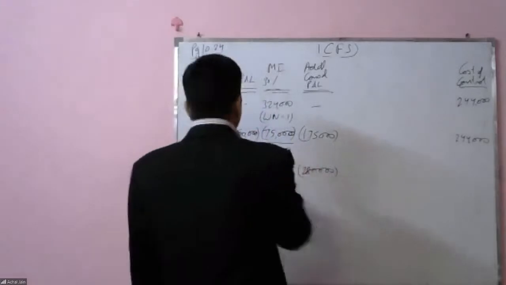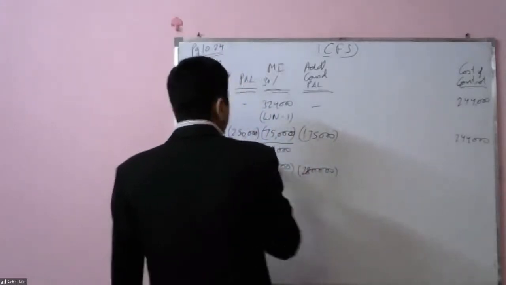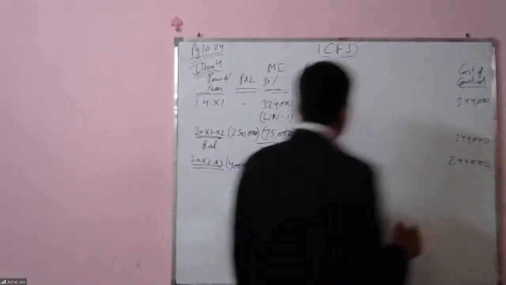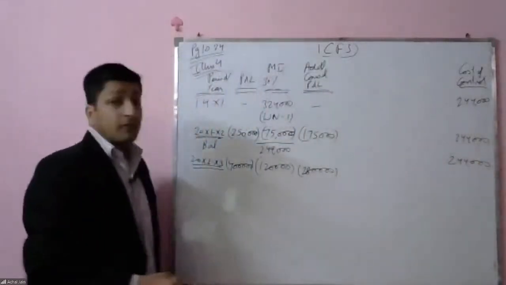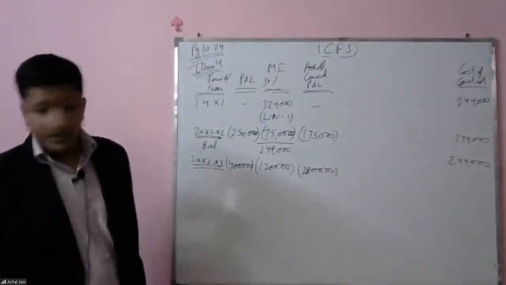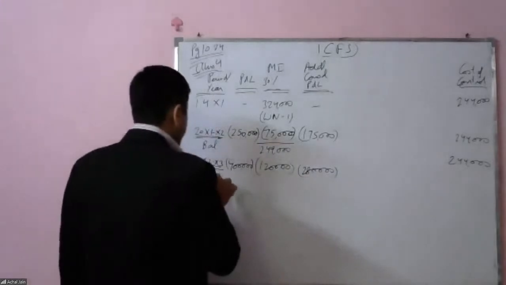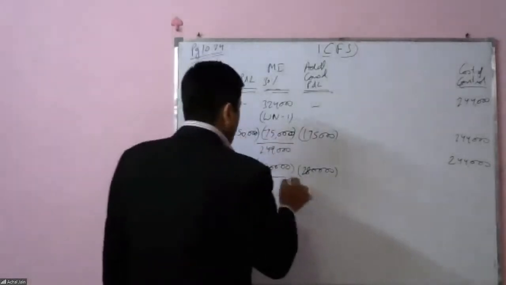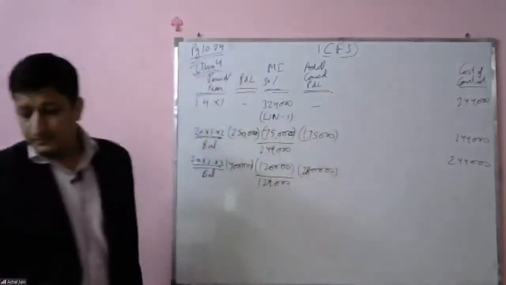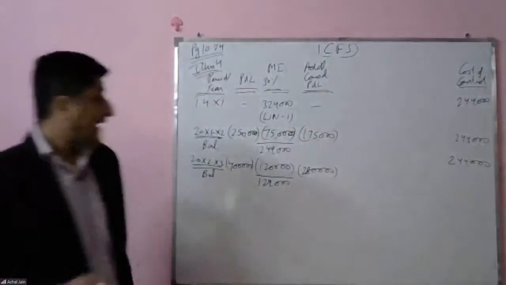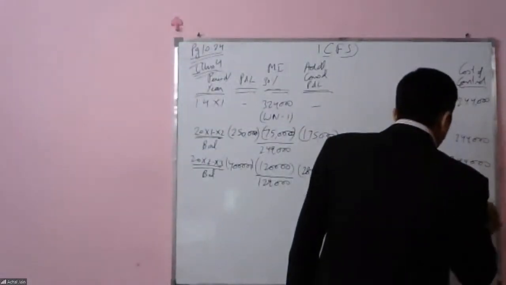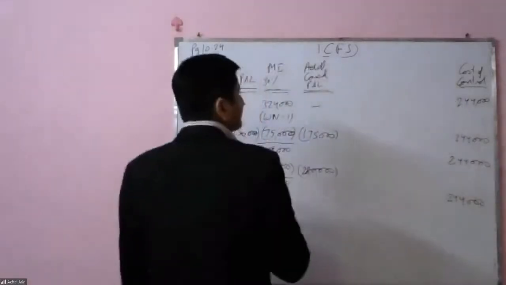The cost of control remained 2,44,000 as last year. Now, after absorbing this loss, the minority interest balance will be 1,29,000, and the cost of control continues to be 2,44,000.